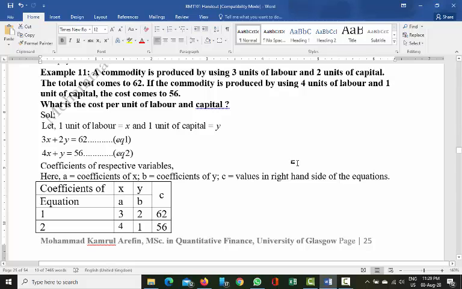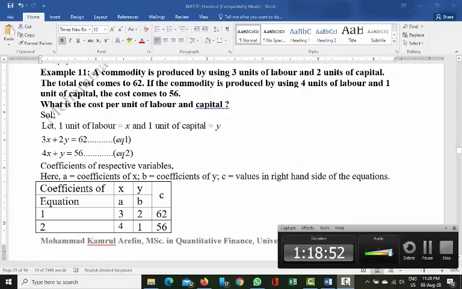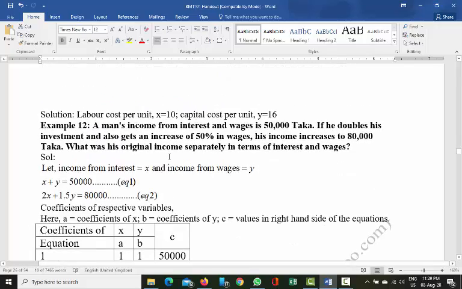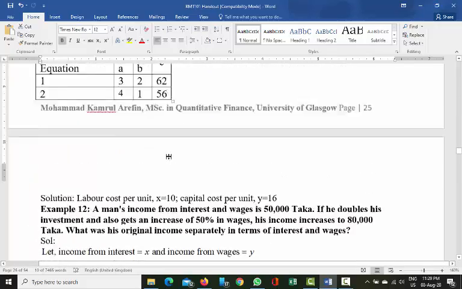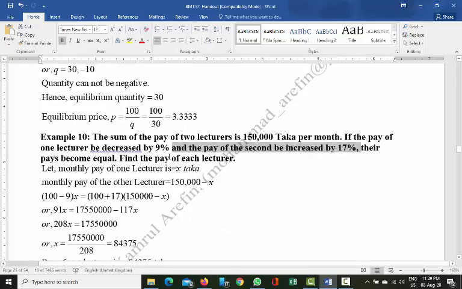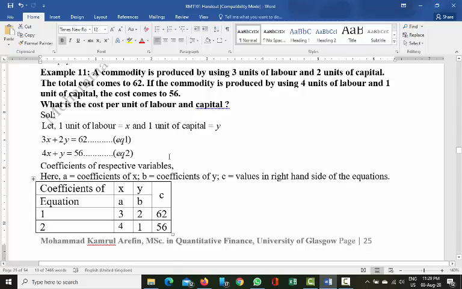Right. So now let us move to example 11.